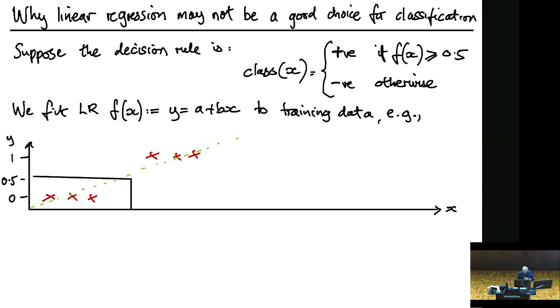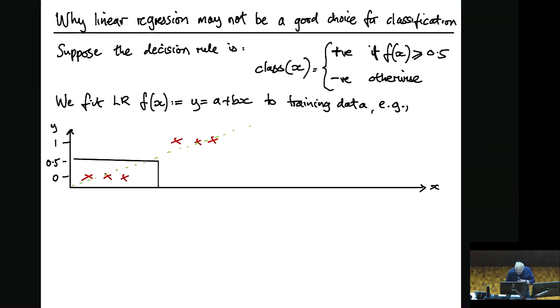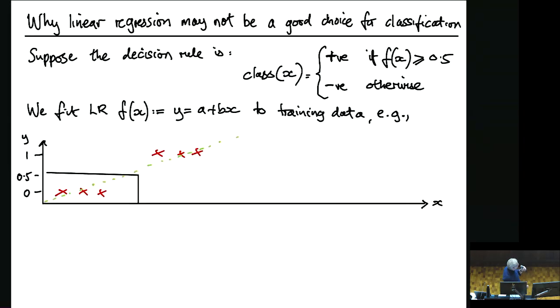But the problem is if you have data that has a slightly different distribution, a slightly extended distribution, if you get more data, you can end up with something like the following. You get a positive example for x way over here. It's not contradictory, because for larger values of x, y is positive.